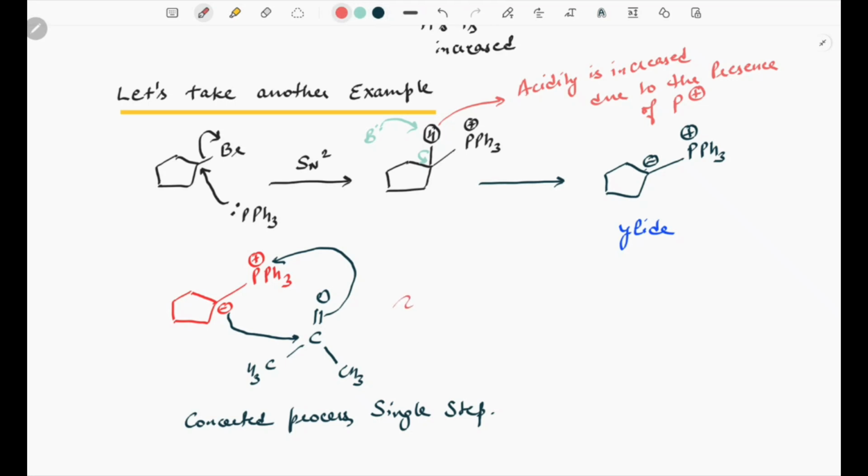Due to this, once again a four-membered intermediate has been formed which contains phosphorus, oxygen, and carbon on both sides.